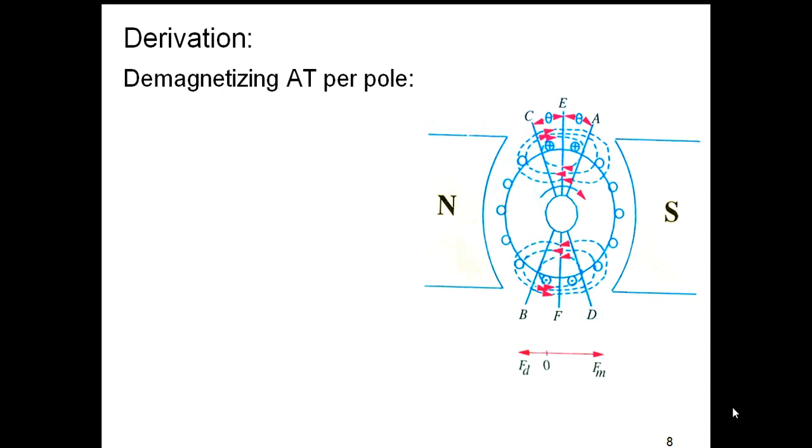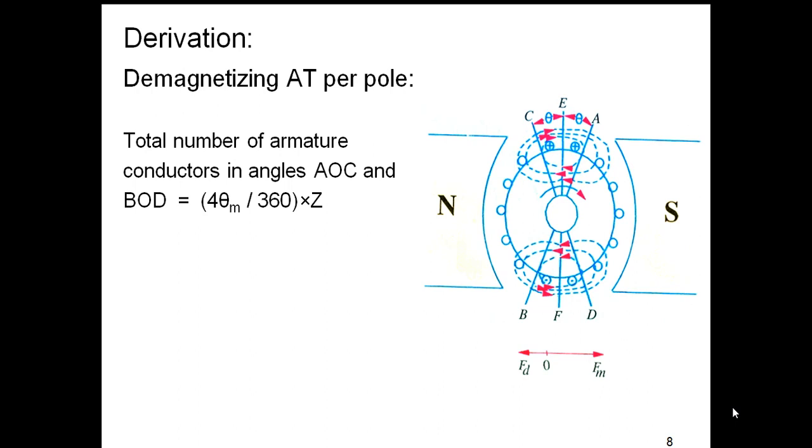Here you can see the diagram, north pole and south pole, and the middle one is the armature. The total number of armature conductors in angle AOC and angle BOD is 4 theta m by 360 into Z, since we have theta m plus theta m, theta m plus theta m.